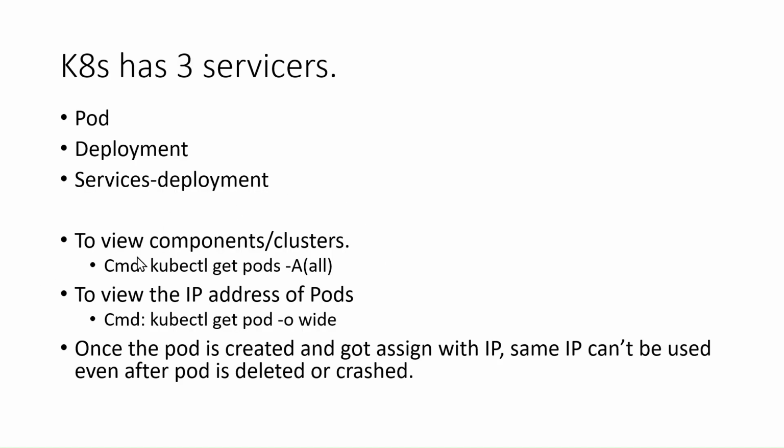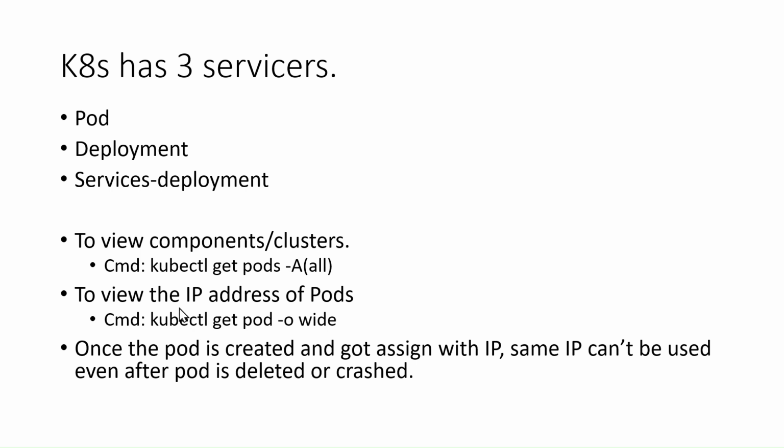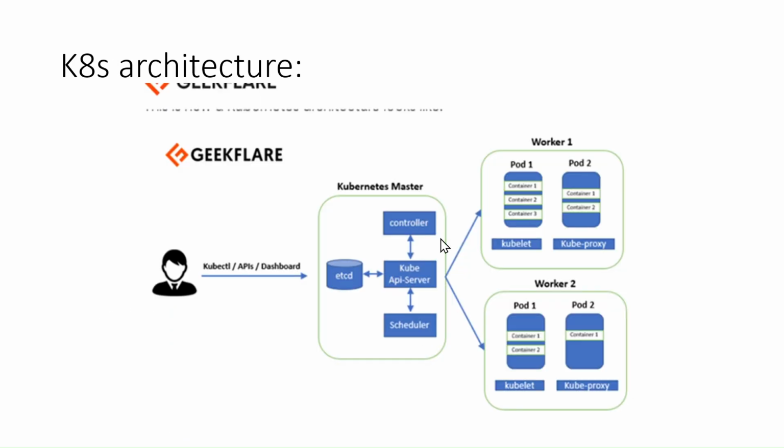To view all those components of the cluster, we pass the command in Unix or Ubuntu: kubectl get pods --all, meaning I am calling all these pods to view whether they are actively running or not. To view the IP address of pods, each pod has its own IP address.